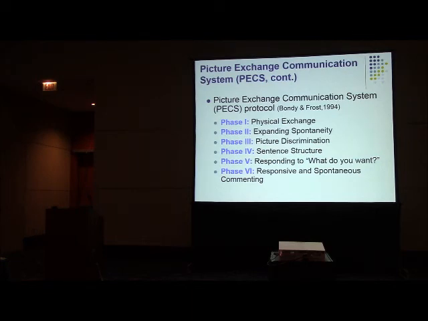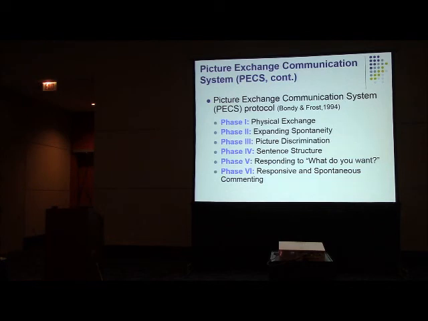With phase 3, well, we don't just communicate using one word at a time, right? You want them to expand their communication. So this is where you introduce the I want. So it's the I want plus the actual item.